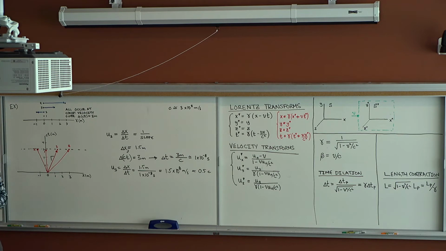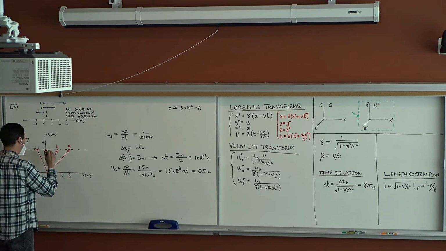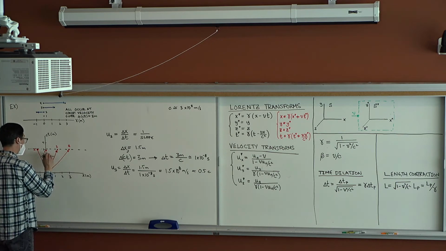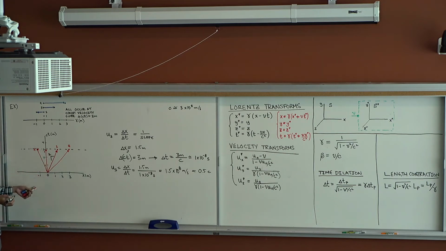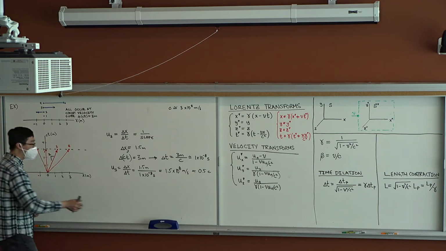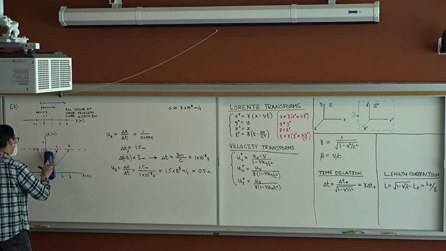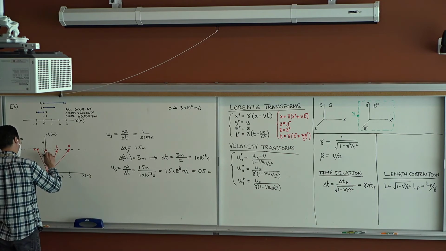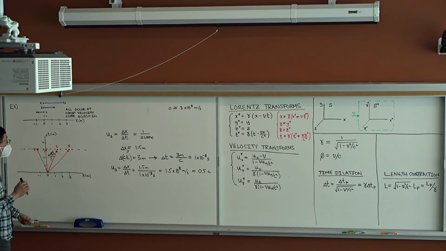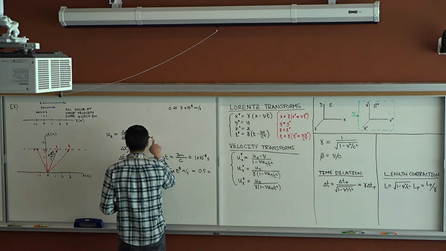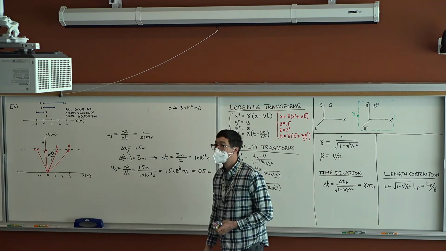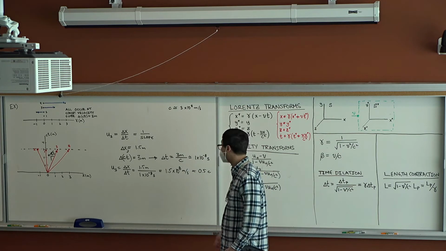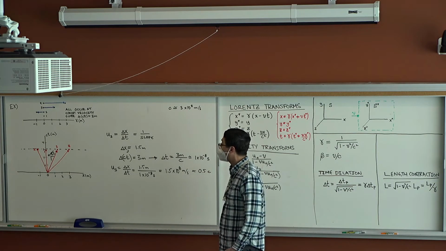So the slope of this thing is 2. What is 1 over the slope? 1.5.